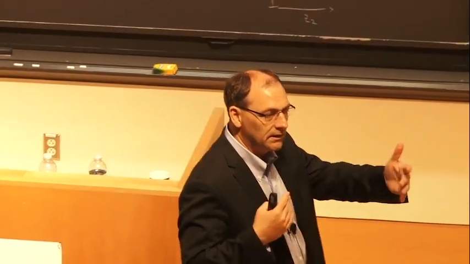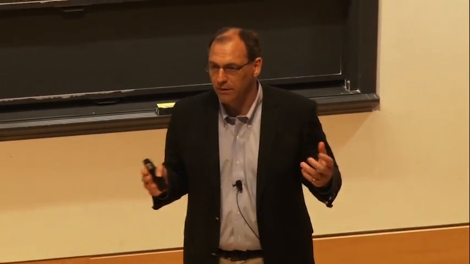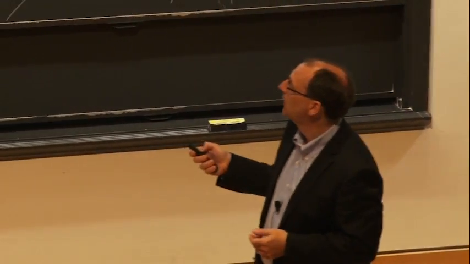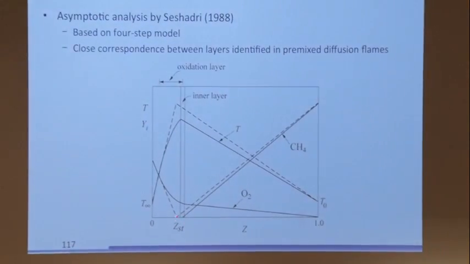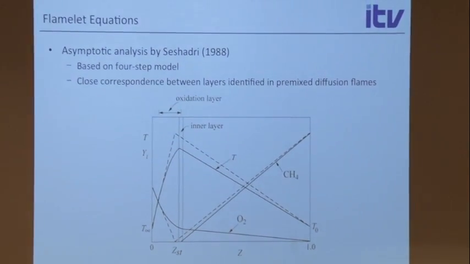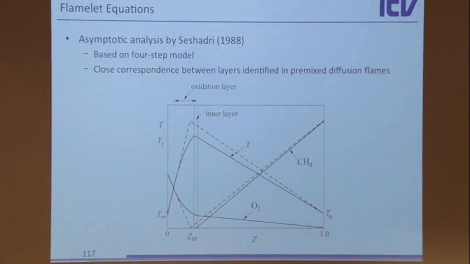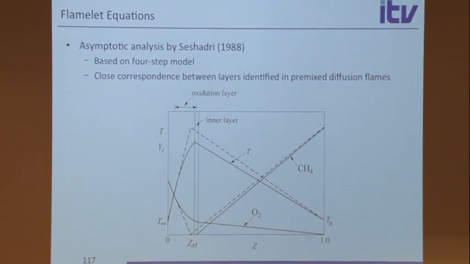If the dissipation rate is small, the dissipation rate is proportional to the gradient of mixture fraction squared. So if the gradient of mixture fraction is small, then a certain range of Z would correspond to a larger range in physical space.